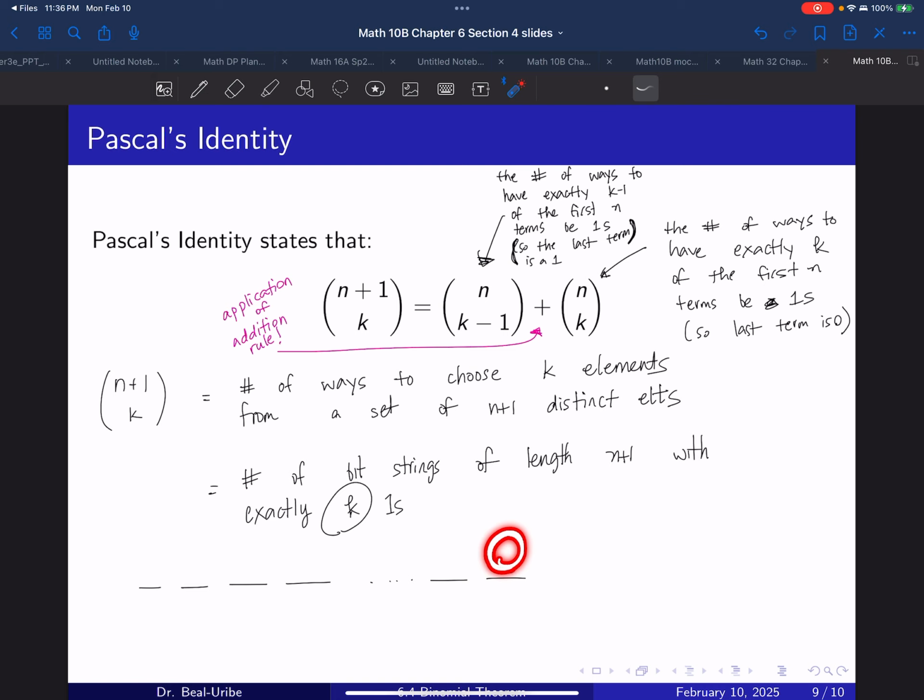If the last string is a 0, then I need to count the number of strings here where exactly k of the terms are 1. And then the total number with length n plus 1 will be the sum of these two because we have two disjoint subsets there. Okay? So that's a combinatorial argument for why Pascal's identity is true.